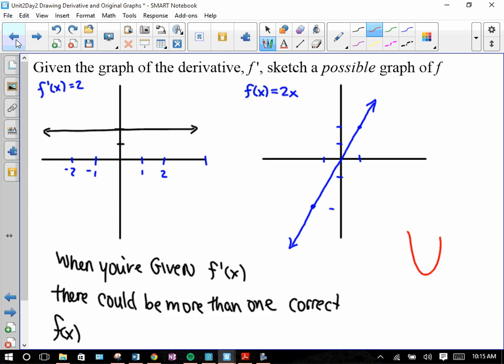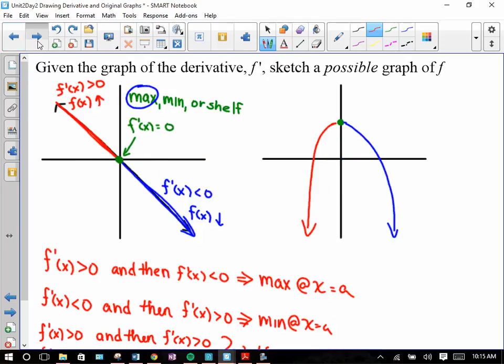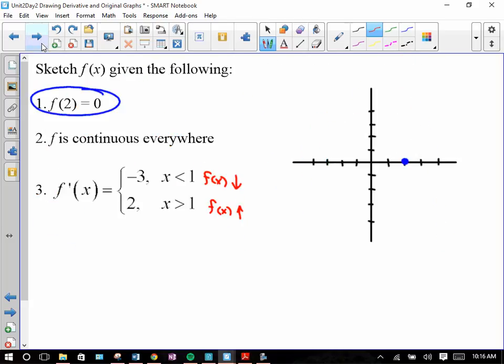So if we go back and look, we have that one right here. When f prime of x is equal to 2, our derivative graph is a straight line, and our function graph turned out to be a linear function with a slope of 2. So when x is less than 1, it's going to be a linear function with a slope of -3, and for all x larger than 1, it's going to have a slope of 2. Now, notice that it says x is less than and x is greater than.